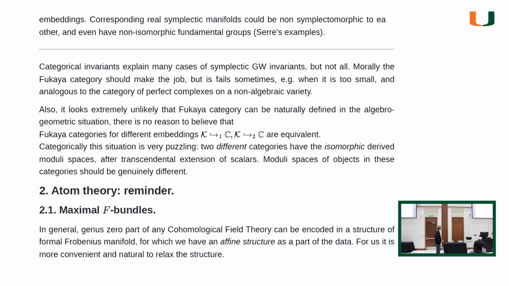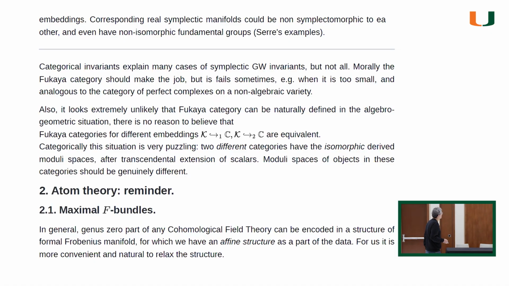When considering genus 0 invariants, people usually encode them in a Frobenius manifold, an affine space with a translation invariant metric, just your vector space with a scalar product. On this space you get a generating function of genus 0 invariants, such that its third derivative satisfies the WDVV equation. So the basic thing is you get an affine structure, and this affine structure is not really natural if you want to look at things, and so we ignore it.